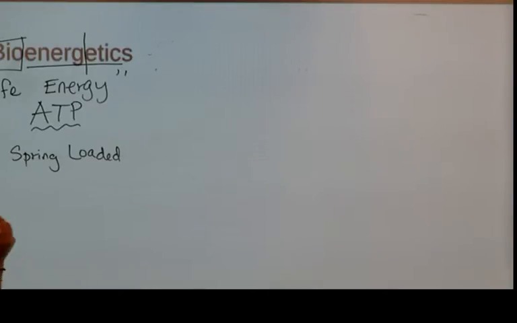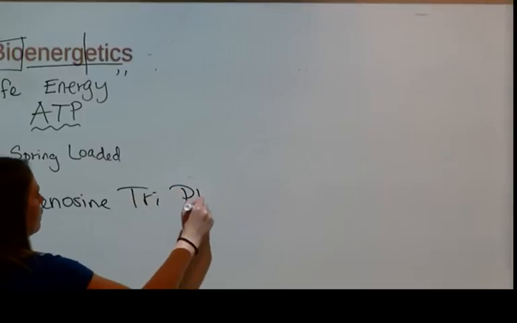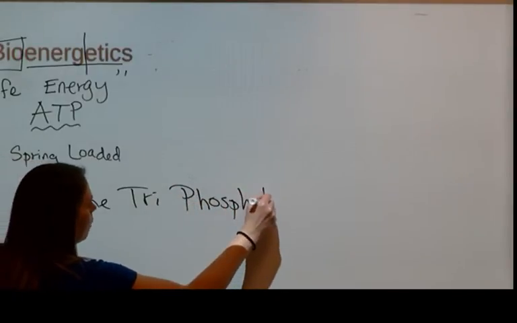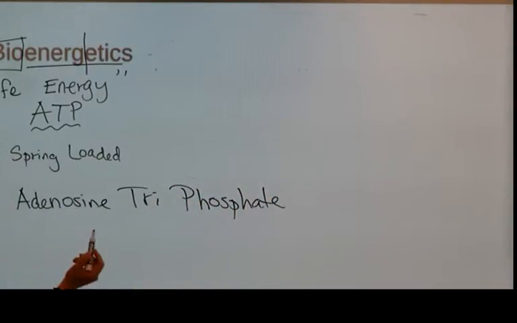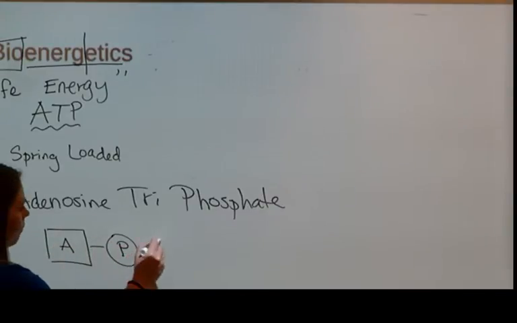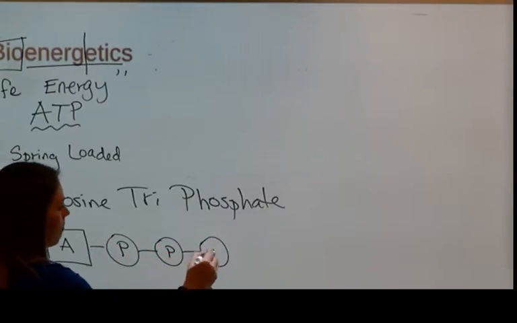So when you're dealing with ATP, we know that this means adenosine triphosphate, which means we're dealing with 3 phosphate molecules. Just for the sake of being really quick, I'm going to draw a box that's representing adenosine, even though it's not really true. Okay, and then it's connected to 3 phosphate molecules.